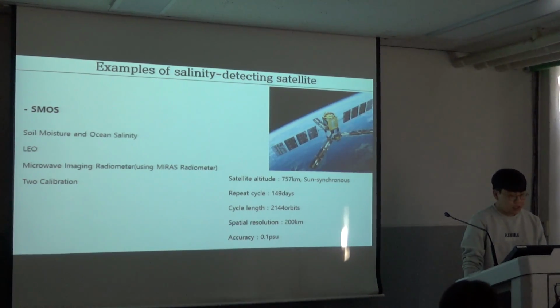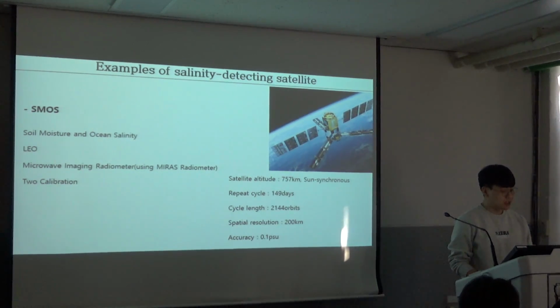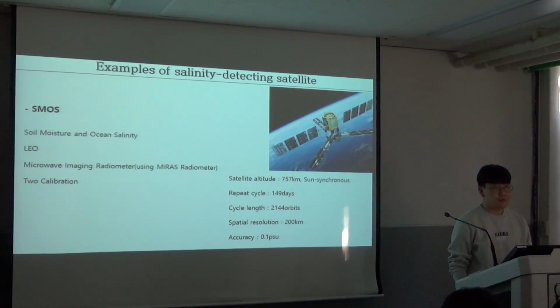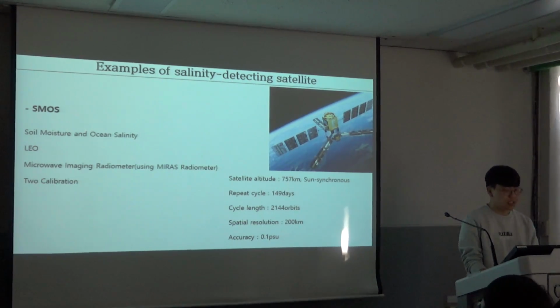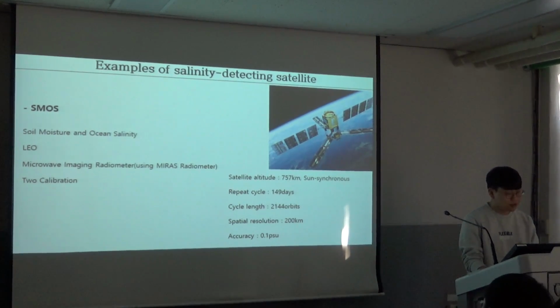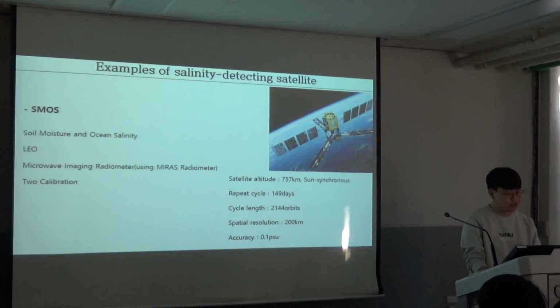The most important thing for a radiometer measuring system is calibration, and we use two methods for calibration. One is noise injection, which injects two different noises a few times to check the system's deviation and stability.